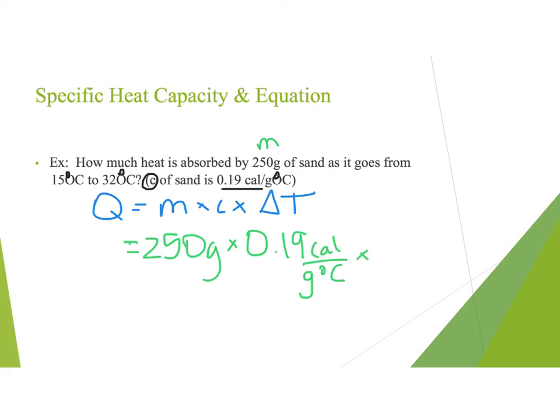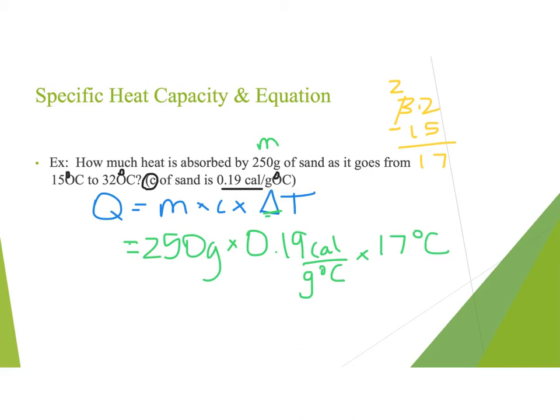And last but not least, we need our change in temperature. That means we need our final temperature, which is 32, and our initial temperature, which is 15. So 32 minus 15 is 17, and we need to multiply by 17 degrees Celsius.